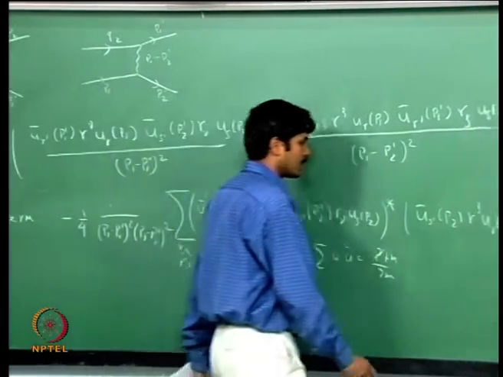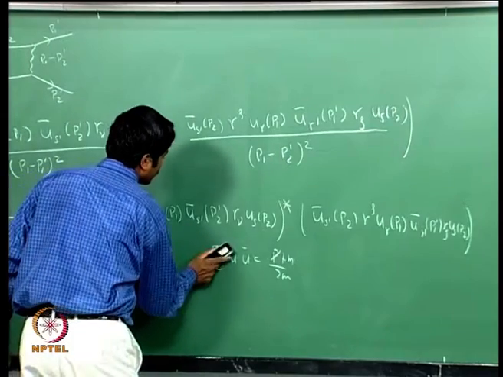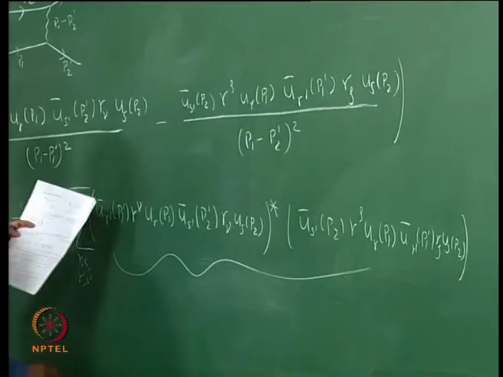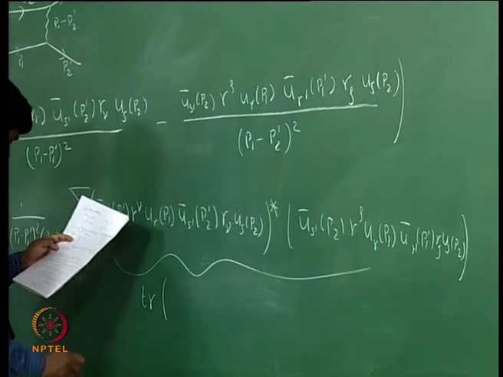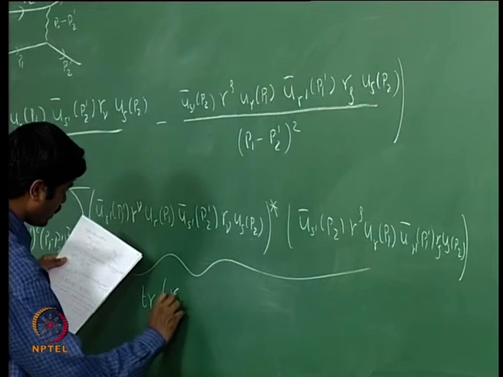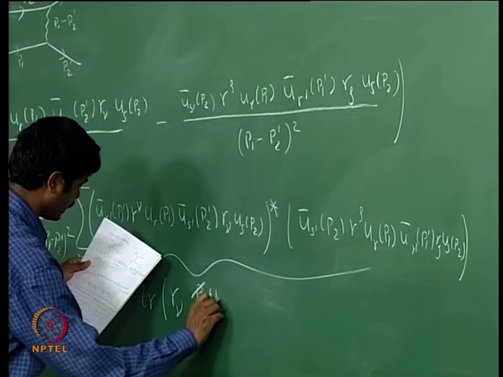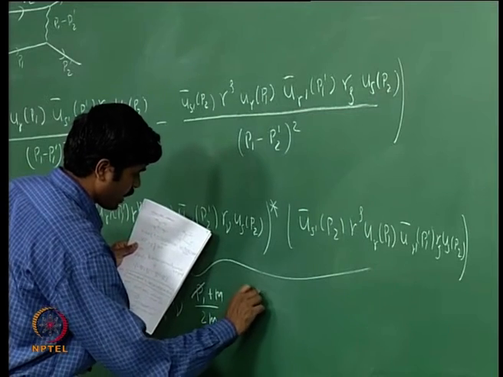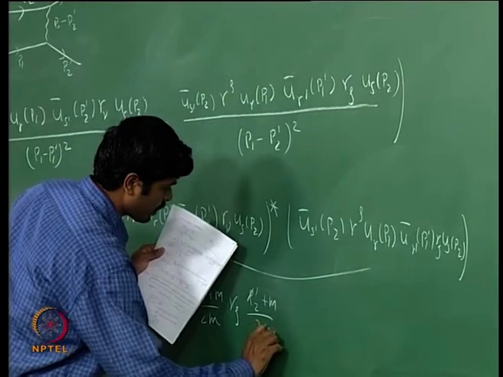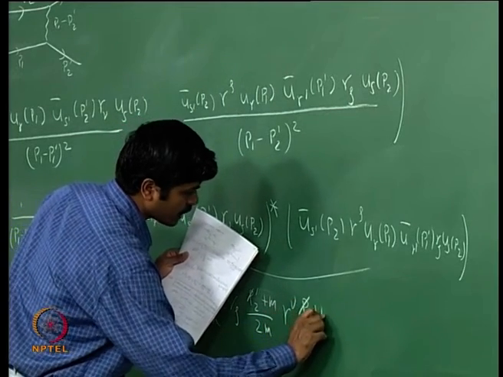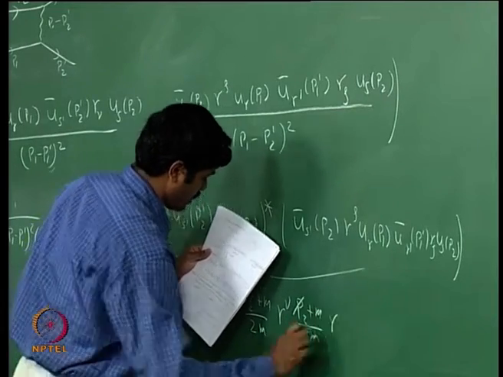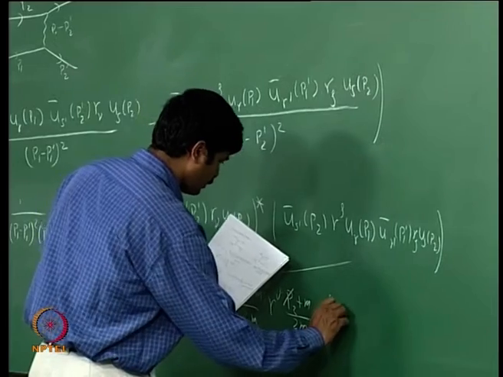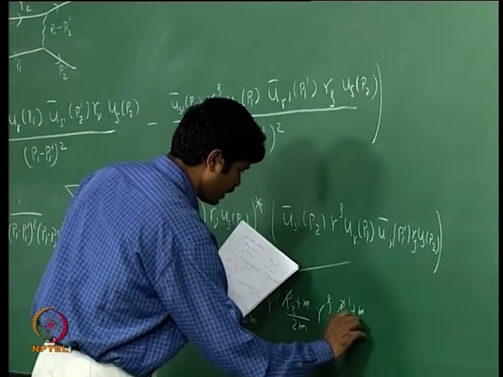Then it is straightforward to see that the sum here will be reduced to a trace, and this will be given by the trace of gamma nu (P1 slash plus m)/2m, gamma rho (P2 prime slash plus m)/2m, gamma nu (P2 slash plus m)/2m, gamma rho (P1 prime slash plus m)/2m.